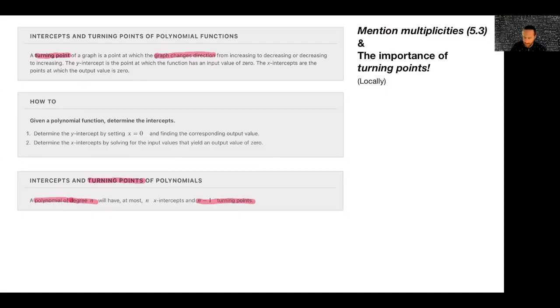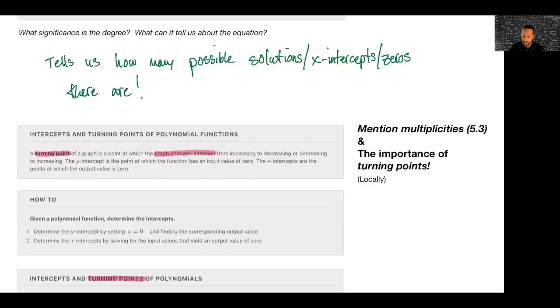And if we wanted to talk about the places that it crosses through the x-axis, where these things were equal to 0, we can also do that by, again, letting our y be 0. And again, if we have a degree of n, then we will have that many possible x-intercepts, like we talked about up here.